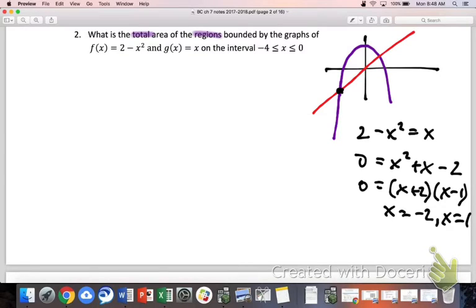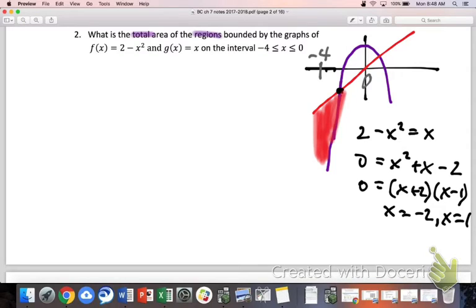Okay. So if we really are trying to find the total area from -4 to 0, this kind of changes things a little bit. That means that my area, extend this down a little bit, would go from -4, which is out here, over here to 0. So for this part over here from -4 to -2, wouldn't the line be the high function?